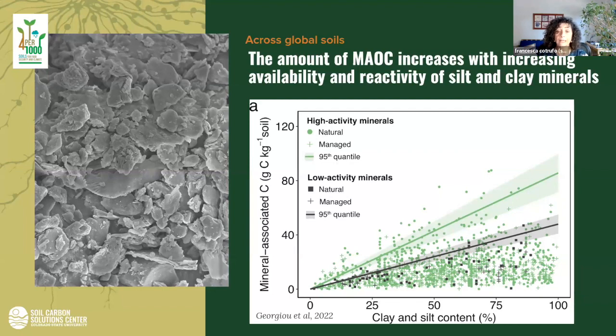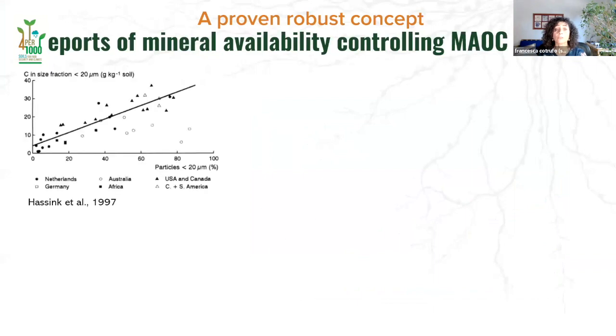There are others on the way, but also, you know, at a global scale, we see that there is always a relationship that can vary on a number of things. Here, Georgiou demonstrated the dependency on the activity. We are doing other analysis where it seems to be dependent on moisture, on cultivation, but there is always this relationship.